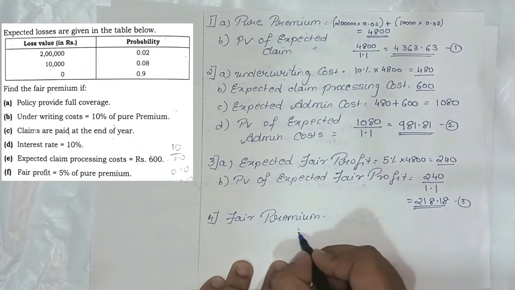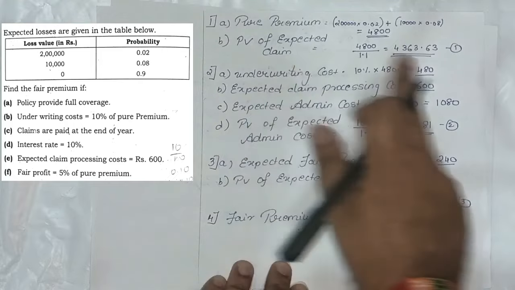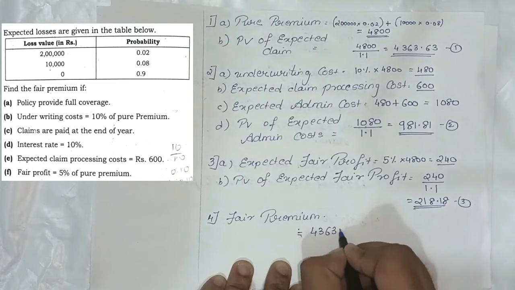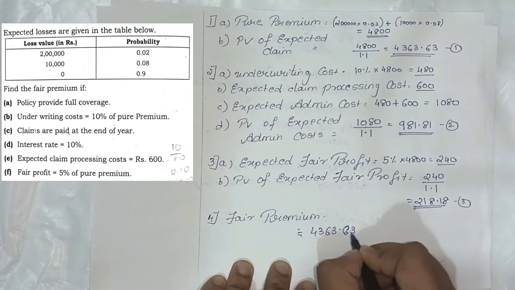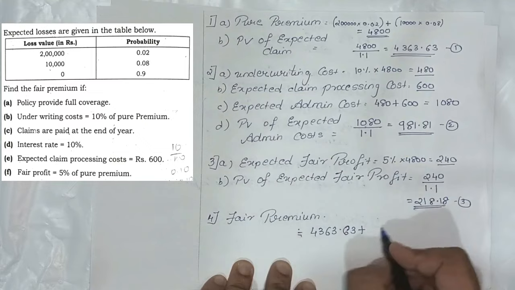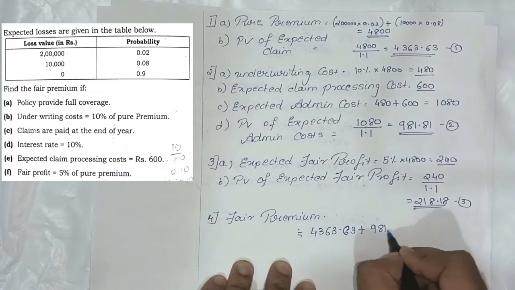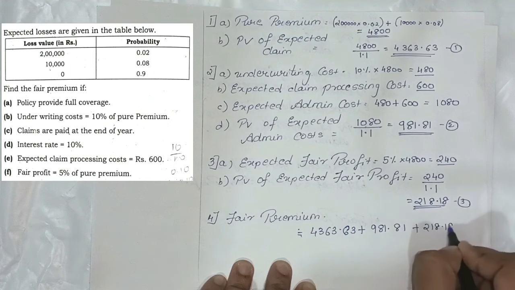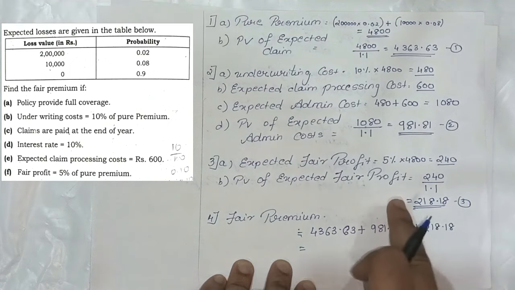So our fair premium formula is PV of expected claim, which was 4,363.63, plus PV of expected admin cost, 981.81, plus 218.18, that is the PV of expected fair profit.